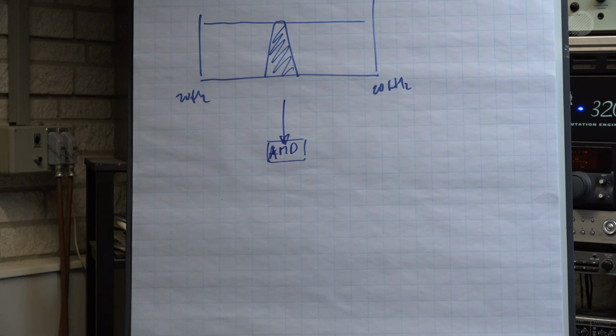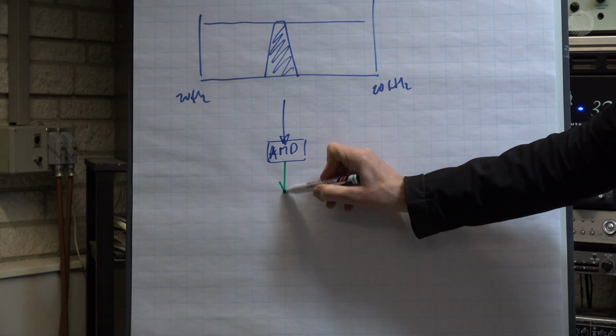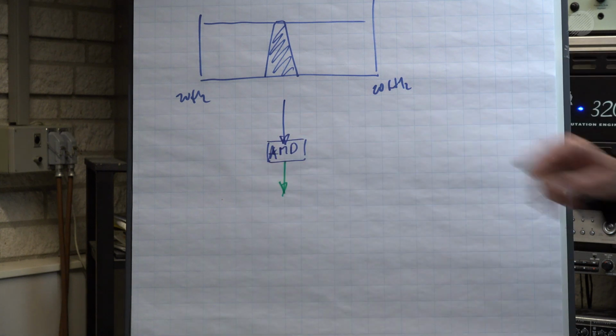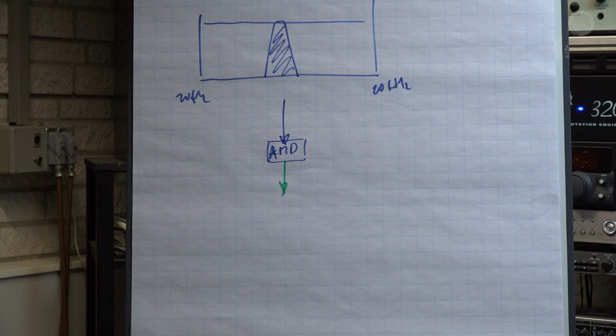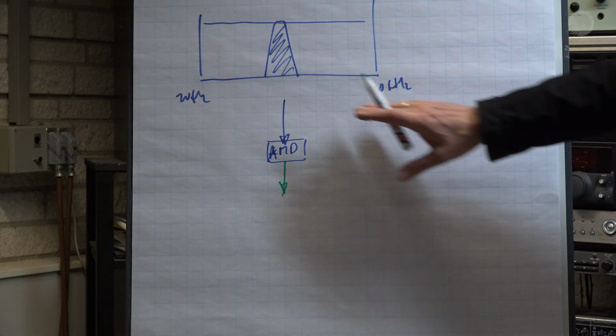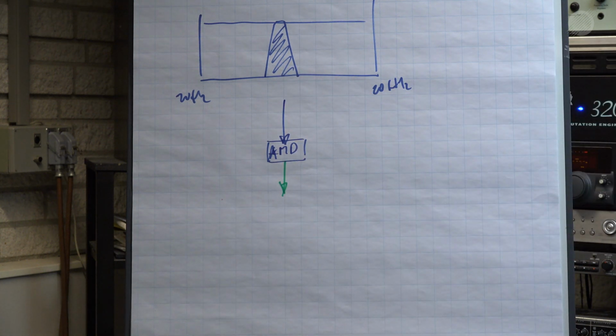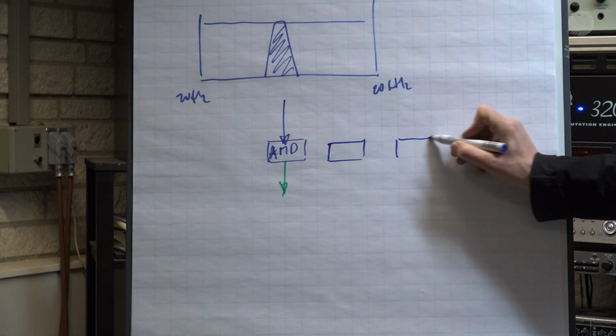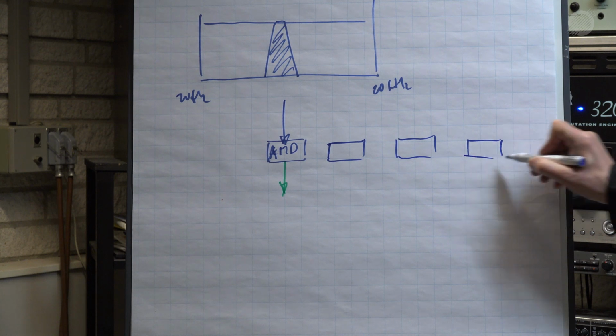What that amplitude demodulator does is translate the audio level at the input into a voltage at the output. So when this level is high, I will approach a voltage level of around 5 volts. And when there is no sound here, the voltage level at the output of the demodulator will be 0 volts.